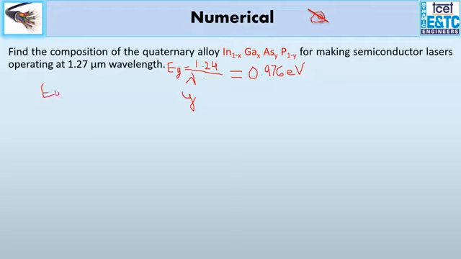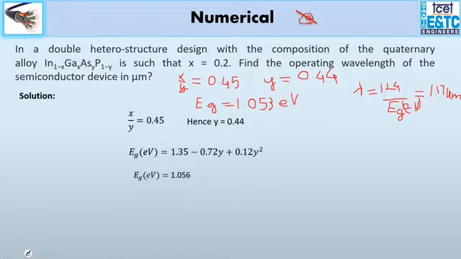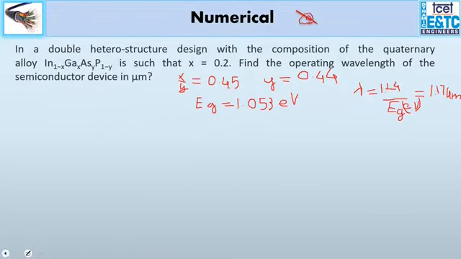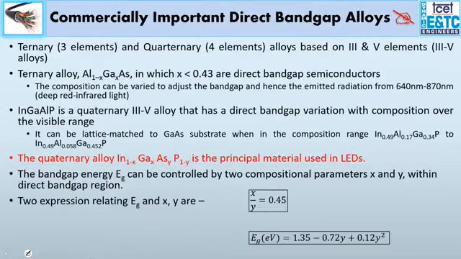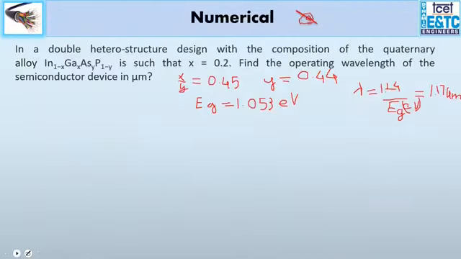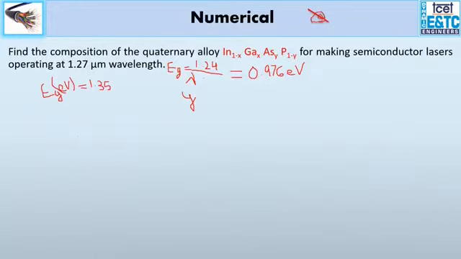Eg in electron volts is 1.35 minus 0.72y plus 0.12y square.